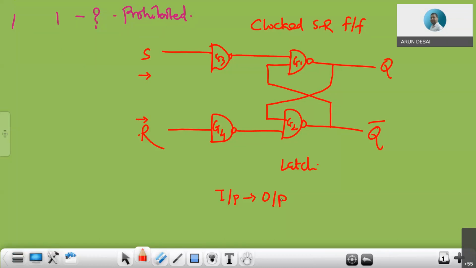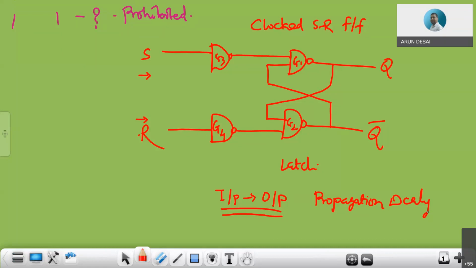When it is converted from input to output, we cannot know exactly what the output of Q will be. Basically, this conversion depends on the propagation delay of each and every gate present there. So we should pass this input in a synchronous way, at a given point of time. If we pass the input, then only we'll get the output. So we need to identify that time.